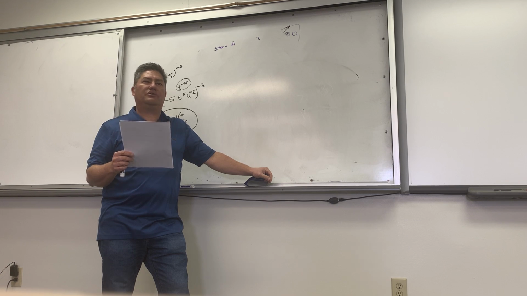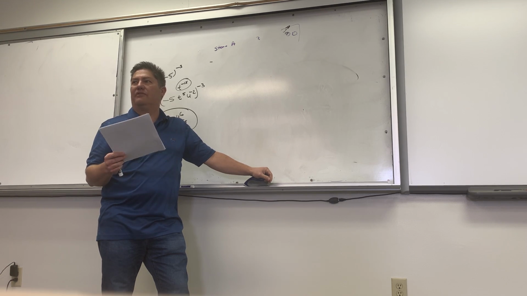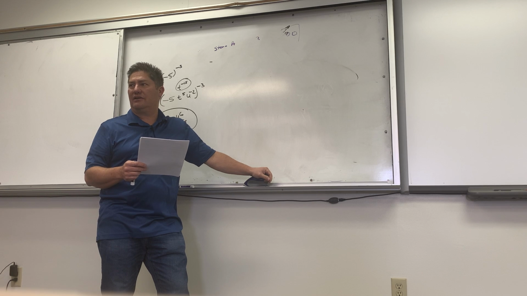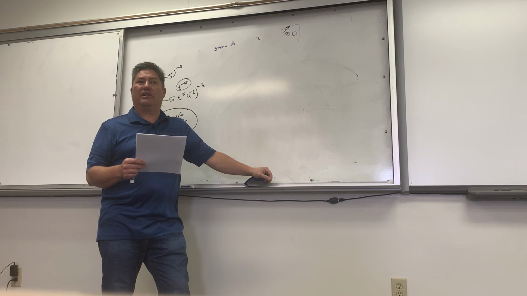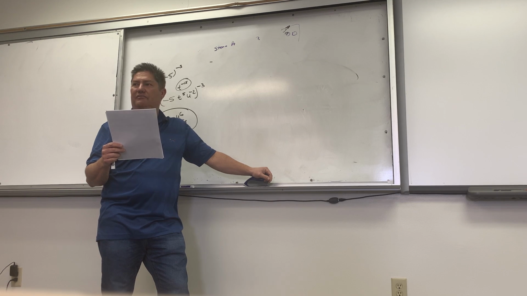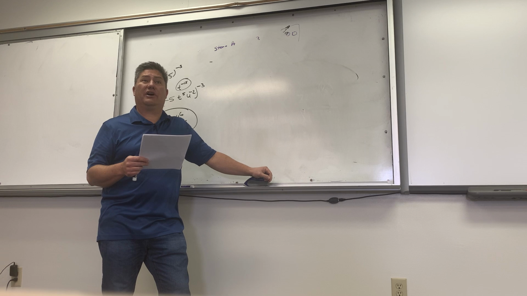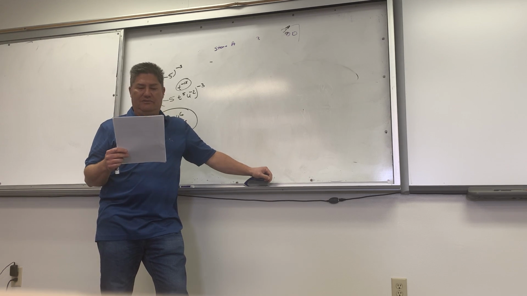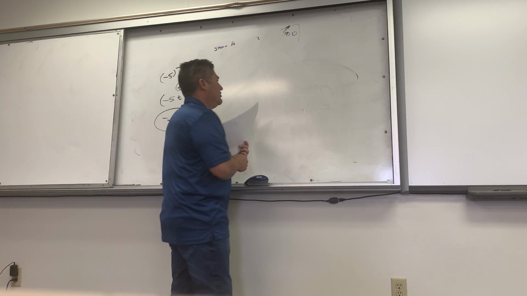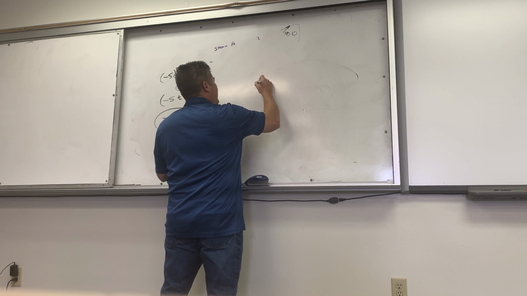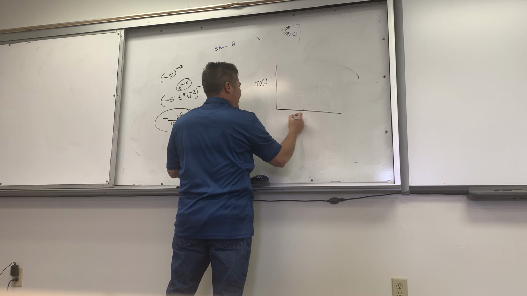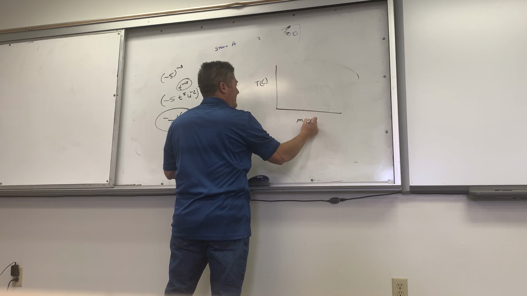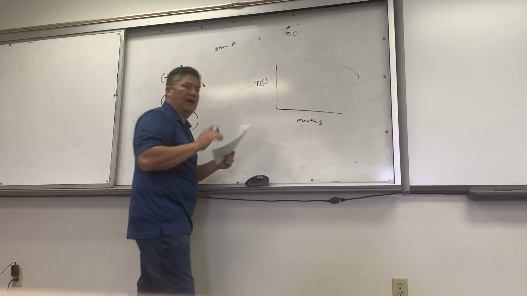They're going to charge you $30 for the first month and $40 every month after that. Okay? Your graph looks like this. Total cost is your y-axis. Your x-axis is months. How would your graph look?